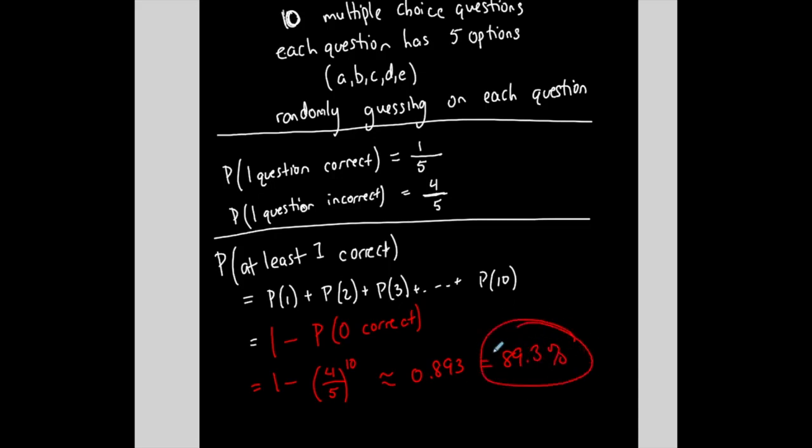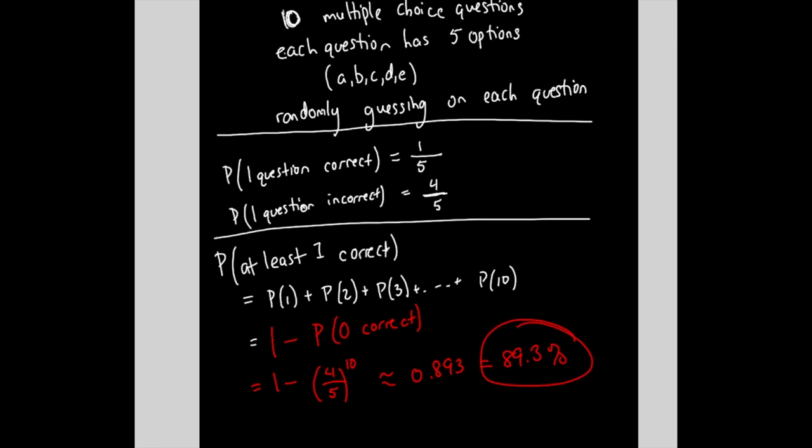Well, let's see if that makes sense. Now I'm claiming I go to this test and there's 10 multiple choice questions. What's the probability that on the 10 questions I get at least 1 right? Well, do you imagine that if you go to a test and you guess on every question, there's 10 questions, that you would get at least 1 right?